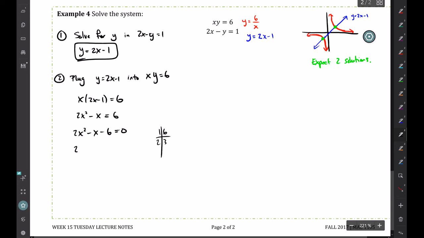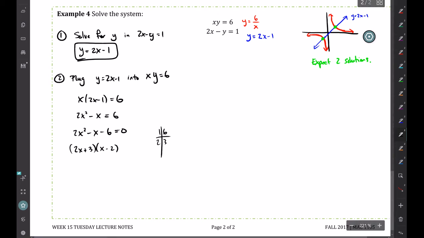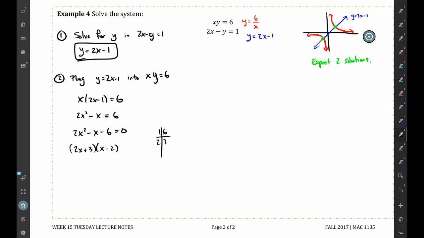So I think I can do 2x plus 3 and x minus 2. And does that work? Let's see. Yes, because the 2x times the negative 2 will give me negative 4x, and then negative 4x plus 3x is negative 1, or negative x. Yeah, so this works out.